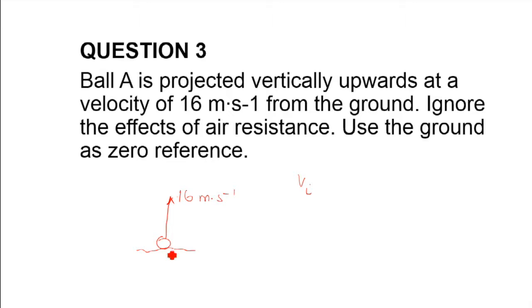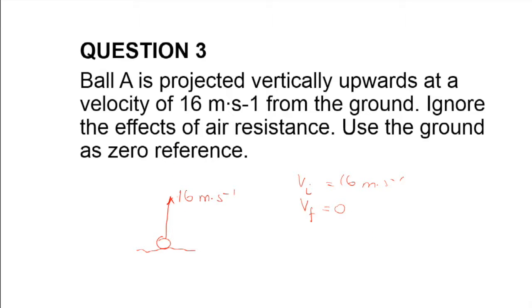It has to go up to its maximum height where it cannot go further, but instead it is being pulled down. At that moment, you will definitely be talking about VF, which is equal to 0. VI is 16 meters per second, VF is 0.